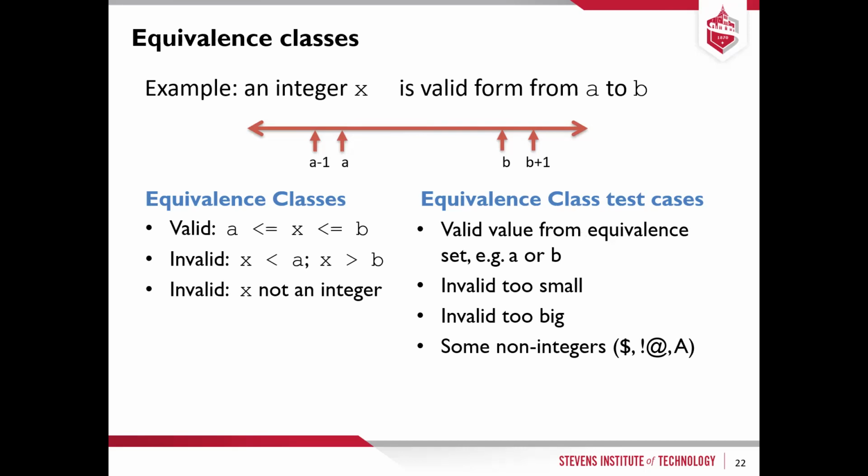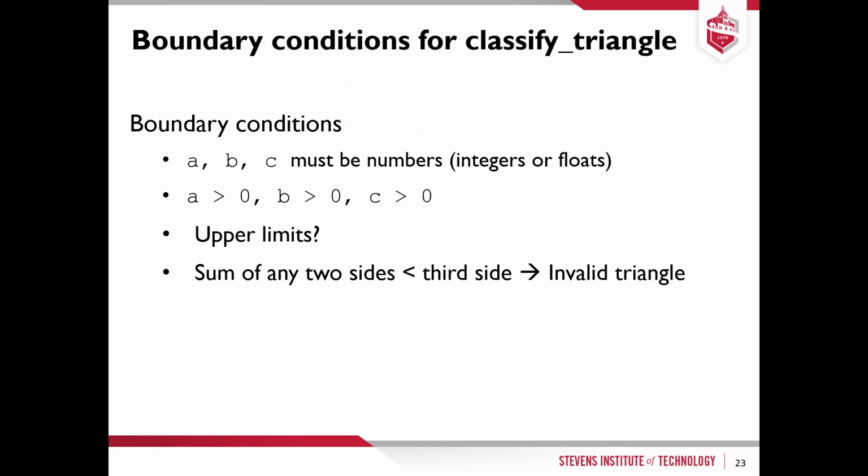Instead of between 3 to 7, I have 4, I can check 5 as well. The invalid would be it's not an integer. For the equivalent, it can be it's too small, it's too big. So some non-integer, maybe a string that instead of number 4, I type FOUR.